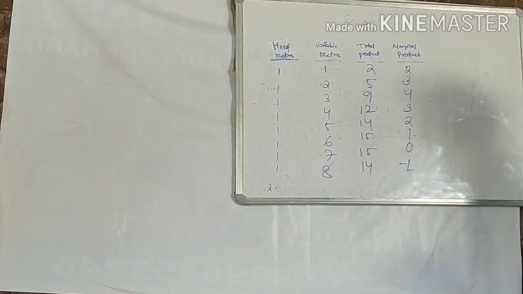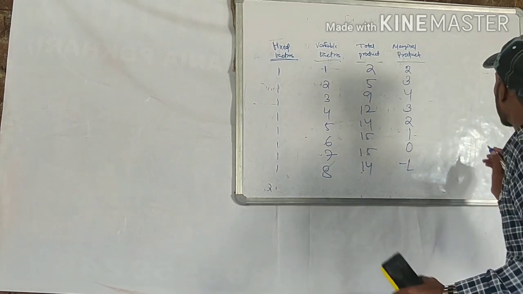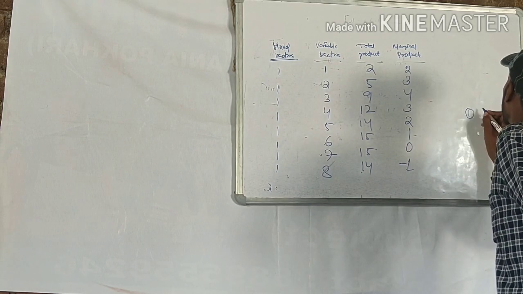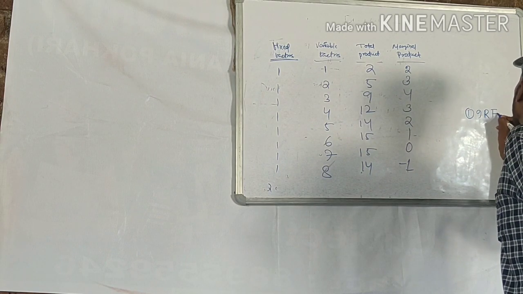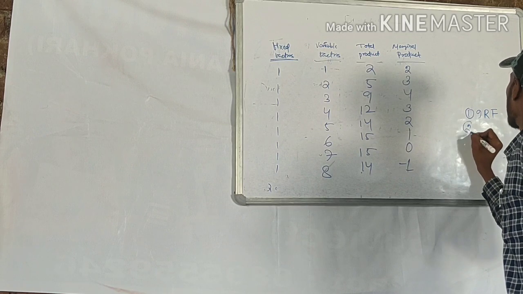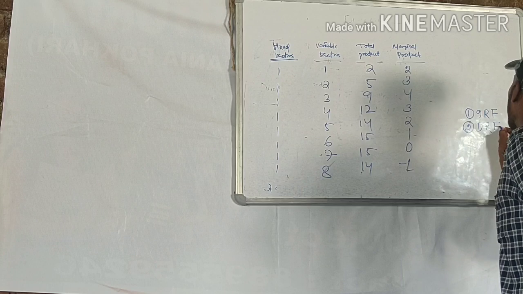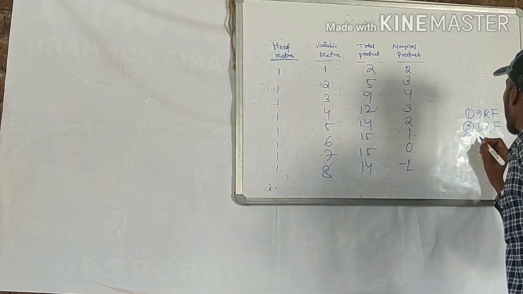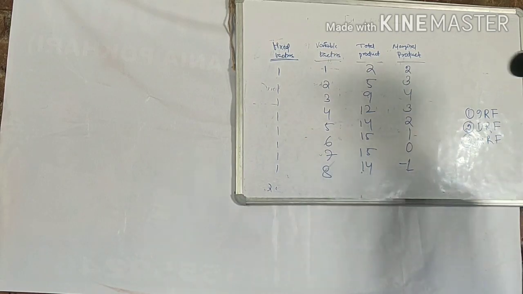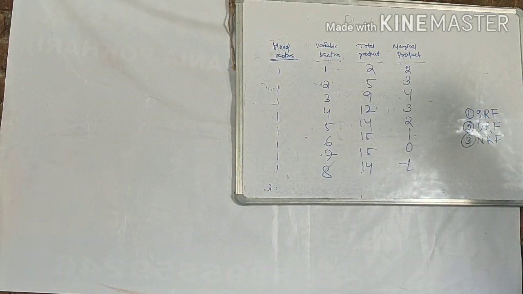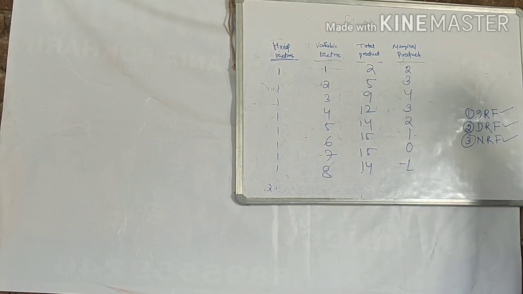In this law of variable proportion there are 3 stages. I had already expressed this to you. These 3 stages are: first, increasing returns to factor; second, diminishing returns to factor; third, negative returns to factor.